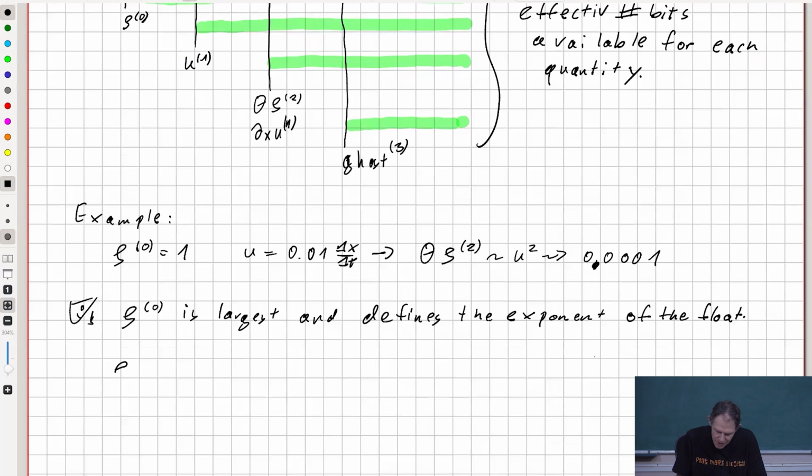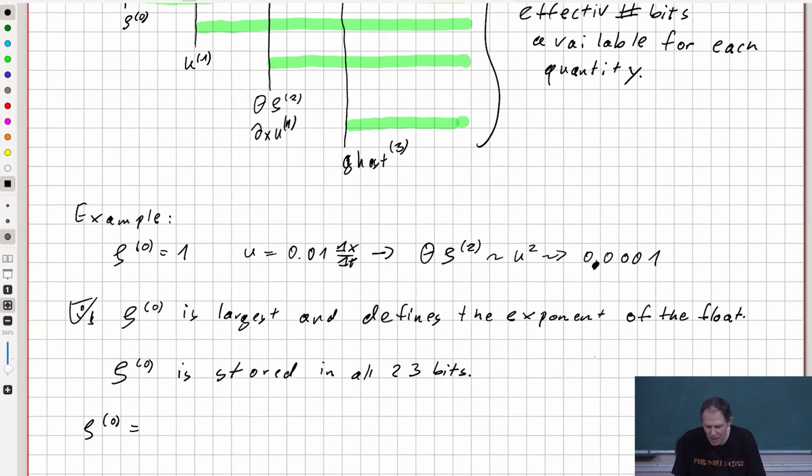This means that rho 0 is stored, if we are in 32 bits, it's stored in all 23 bits. Actually, the leading bit is not stored, because it's always assumed to be 1. And therefore, this thing looks like this, rho 0.